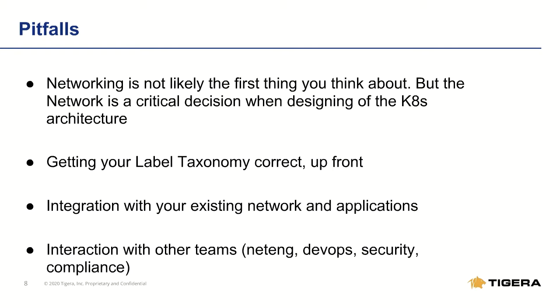But the network is a really critical aspect of Kubernetes. With traditional applications that might have been on VMs, they make relatively little use of the network. But in Kubernetes, everything communicates over the network, especially if you're designing a microservices architecture. So if you don't put considerations in the network, it can create some issues. As an example, the way that one certain distribution of Kubernetes might run on AWS, the network would work a certain way versus another distribution of Kubernetes.